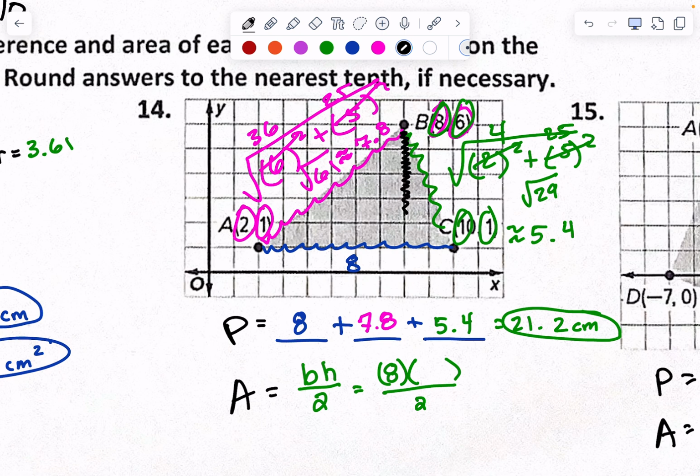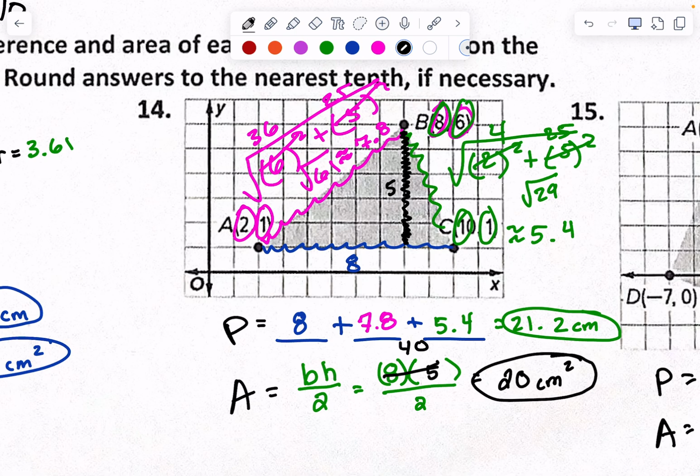So we're probably going to go 5. Is that right? Yep. 8 times 5 is 40, and 40 divided by 2 is 20. 20 centimeters squared.